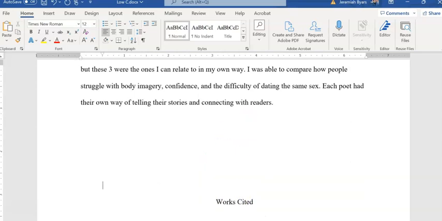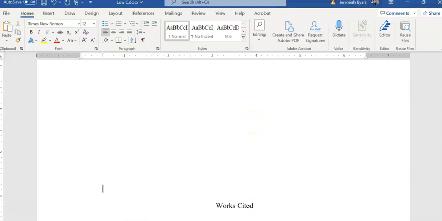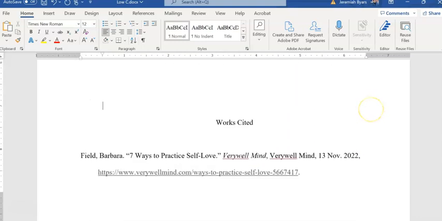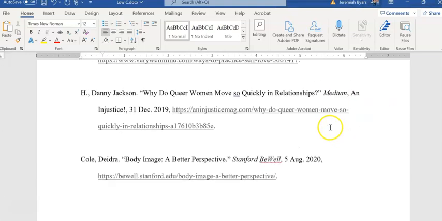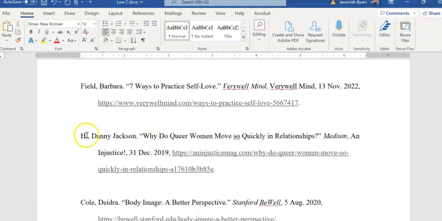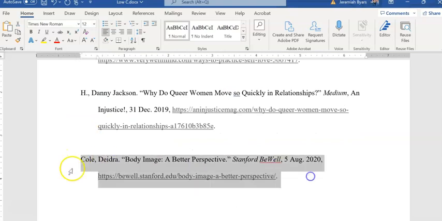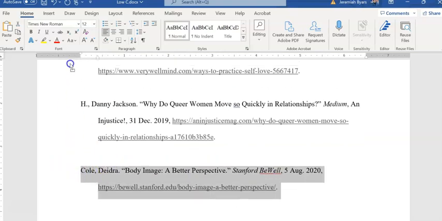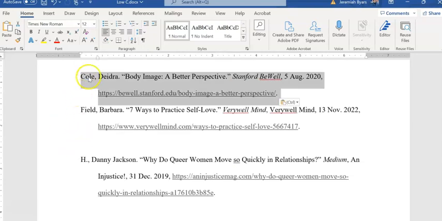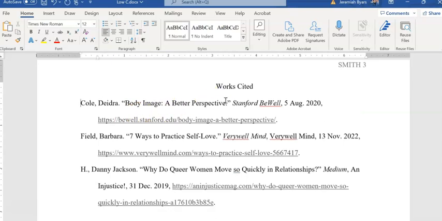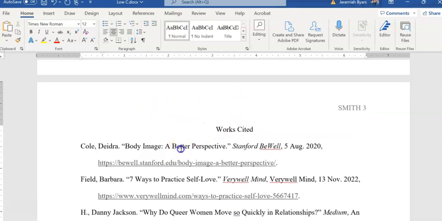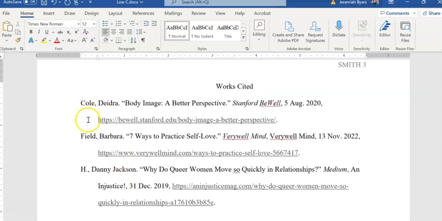I want these to be on their own pages, and I want to make sure that you are integrating quotes correctly and punctuating correctly. Okay, and like this works cited page is out of order, alphabetical order. C comes before F. It should have been C, F, H. Your works cited page needs to be on its own page. Start at the top. No funky spaces in between, and it should be alphabetical.